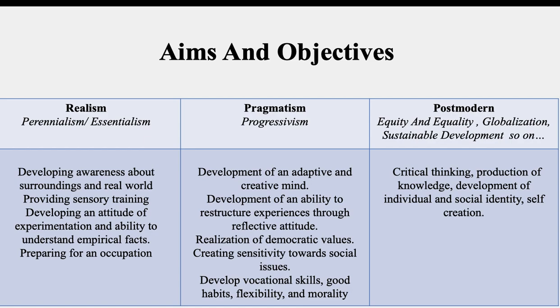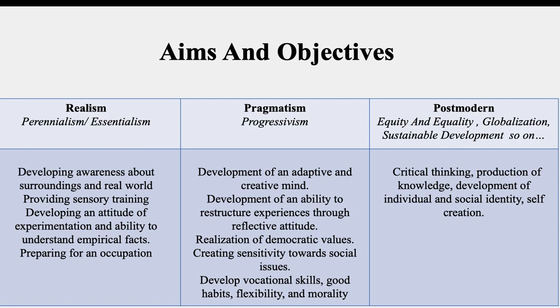Very, very interesting one. Realization of democratic values is a part and parcel of pragmatism. Then creating sensitivity towards social issues and developing vocational skills for the job and for the future to earn money, with good habits, flexibility to adjust, and morality to be honest.